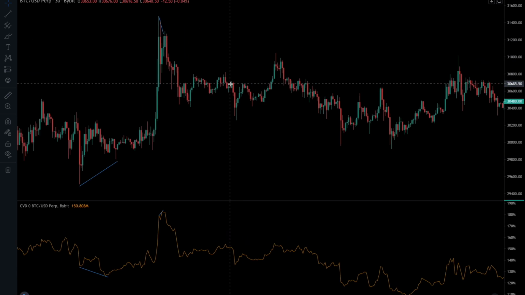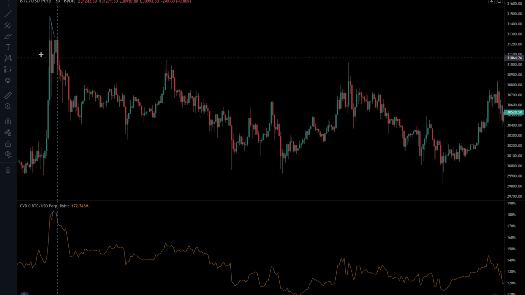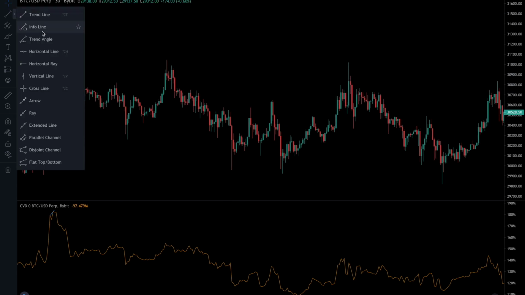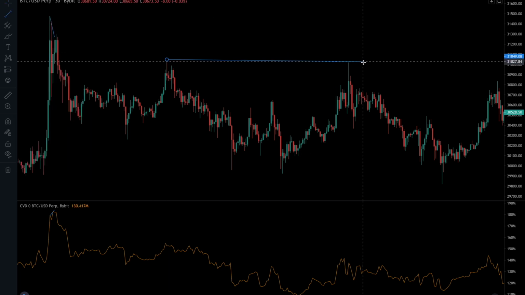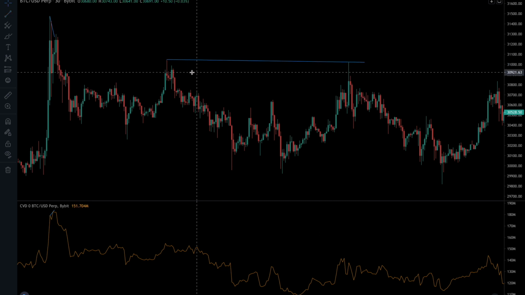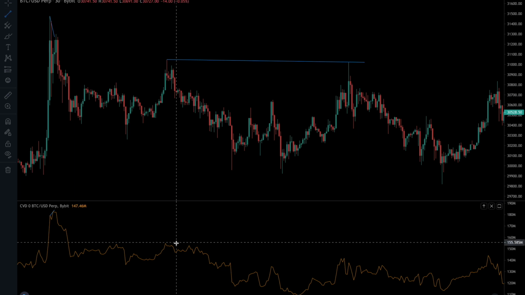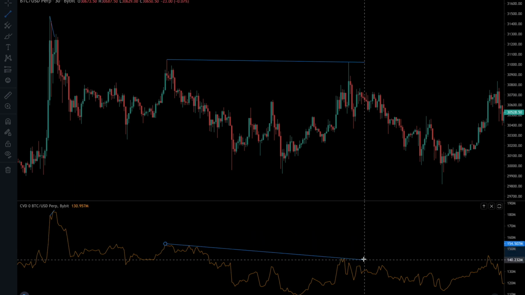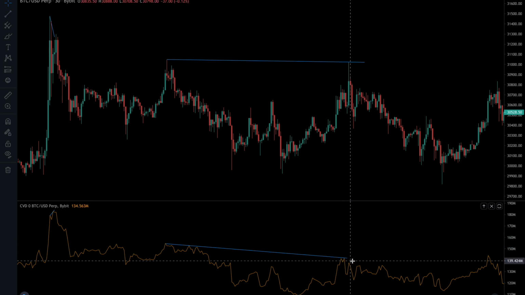The next example would be more interesting because it would be exhaustion. For me, in the case of CVD, we should look at both exhaustion or manipulation and absorption. In this case, as you can see, price is making almost an equal high, whereas what you can see in CVD is significantly lower.